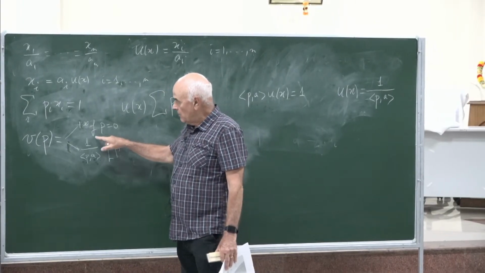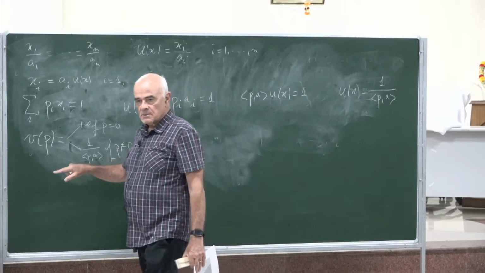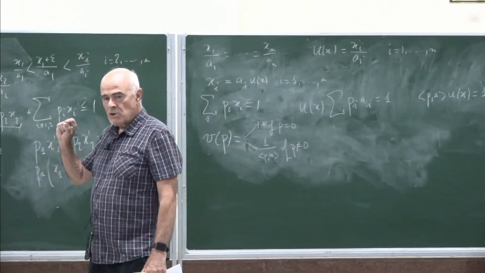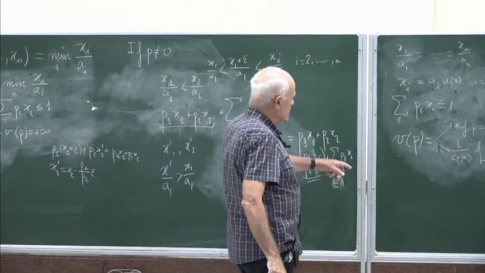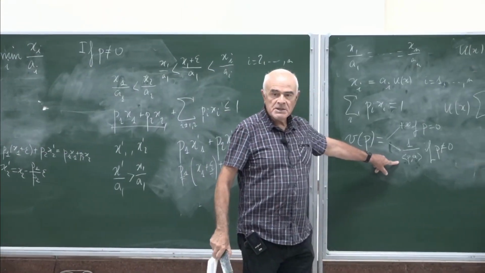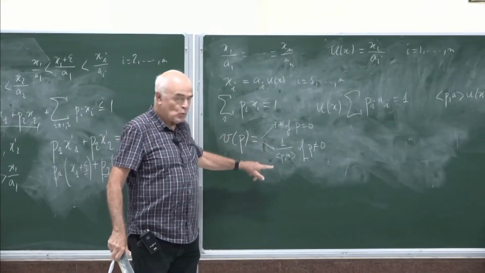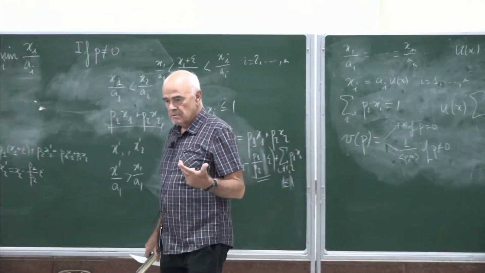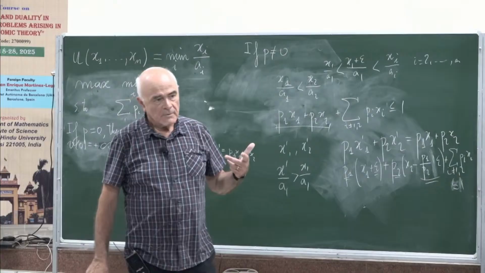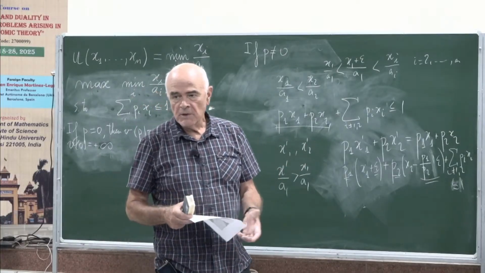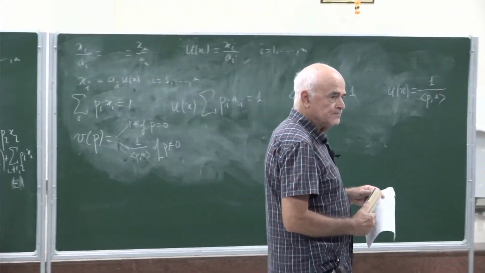So you care about the reciprocal. I mean, you prefer a supermarket in which this cost is lower, so in which this quotient is higher. So the higher V of p, the better p is for you, the better supermarket. Is this explanation clear?